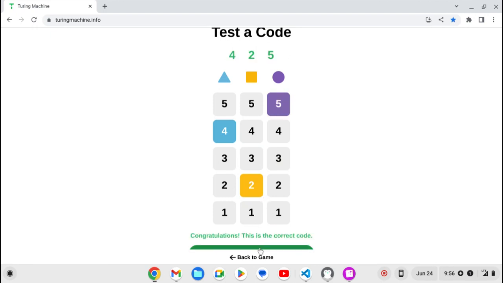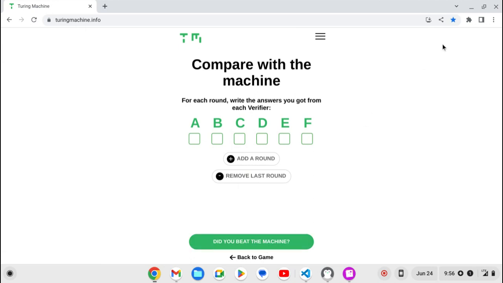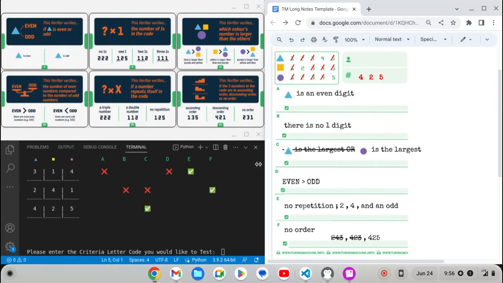All right, yes, but again, we have to see how we did versus the Turing machine. In this case, I'm not feeling too confident. We did go to a third round. It's plausible that it also did. So let's do this. So we did ADE, and then we did BCF. And the first two were always incorrect.